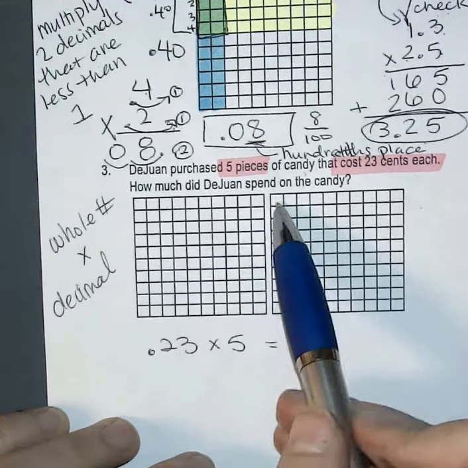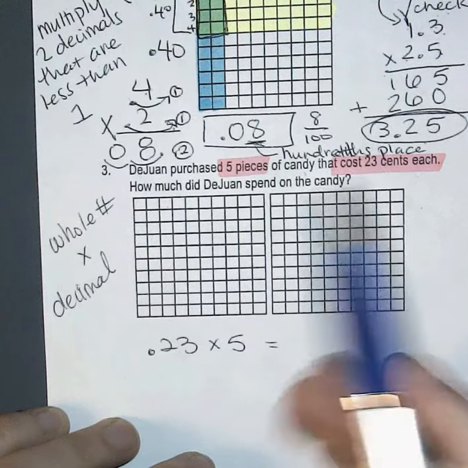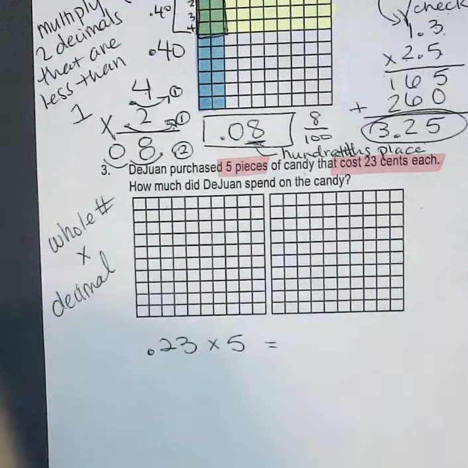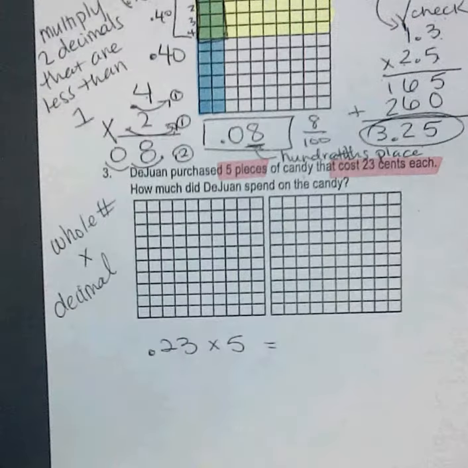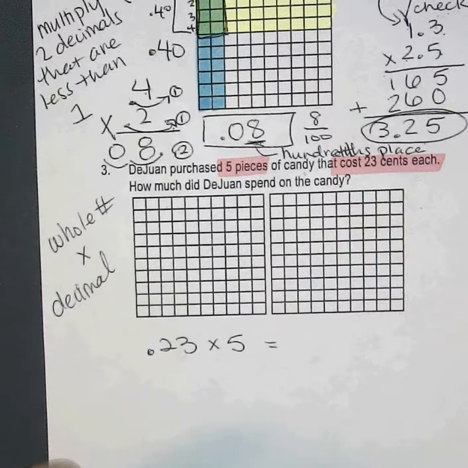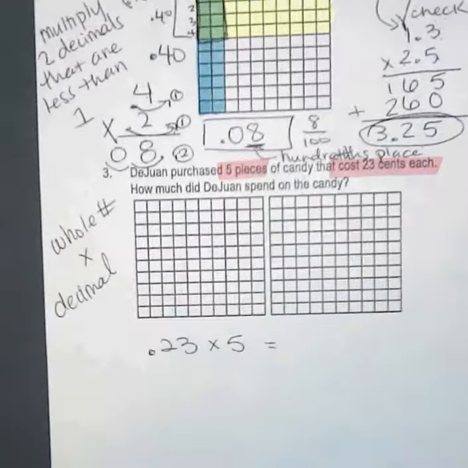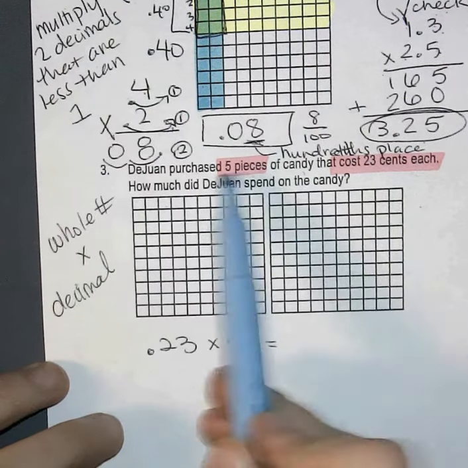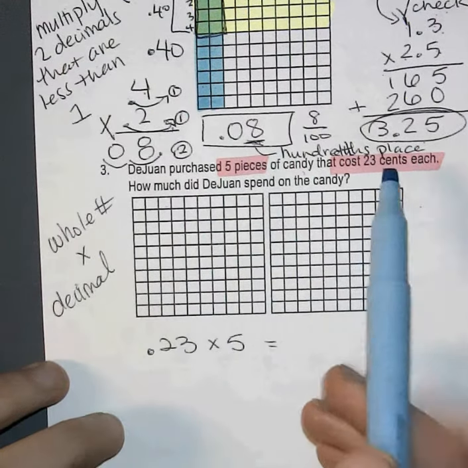This would be 2 whole dollars. So if each one is worth 23 cents, I want you to see each piece of that. How many groups do we need to make? Well, we need to make 5 groups, 5 pieces that are each 23 cents.